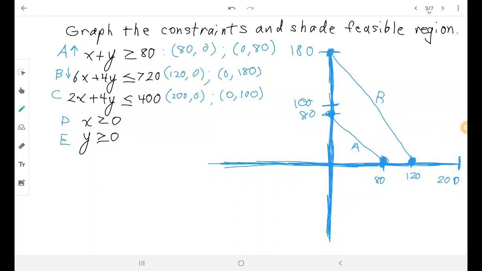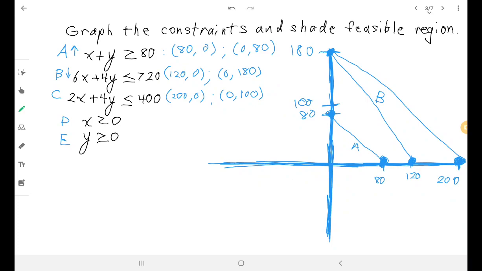So there's equation B. Now C, we've got 200 and 0 is one of our points. That's way over here. And 0, 180 again here. So then we're going to do that.